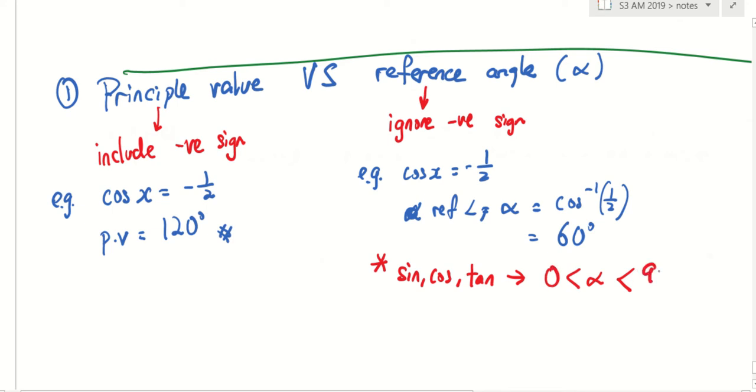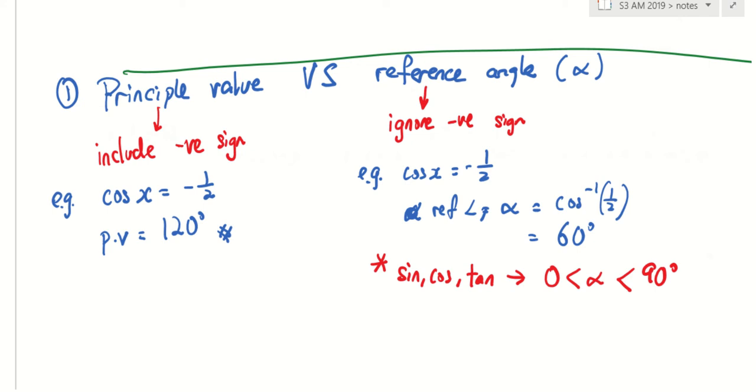I don't care which trigo I use. It can be sine, it can be cosine, it can be tangent. I don't care. The reference angle is always an acute angle, 0 to 90. That is why I must ignore the negative sign. Because if I put the negative sign inside, I will get 120. This is bigger than 90, so it's wrong. So I repeat, for reference angle, always ignore the negative sign because I only want the acute angle.